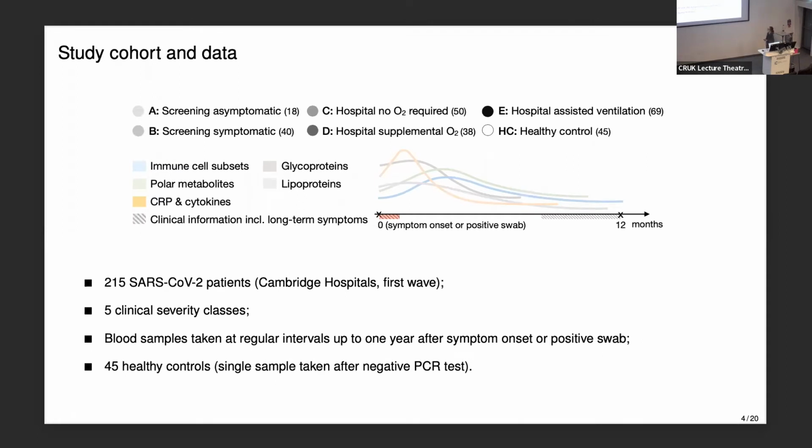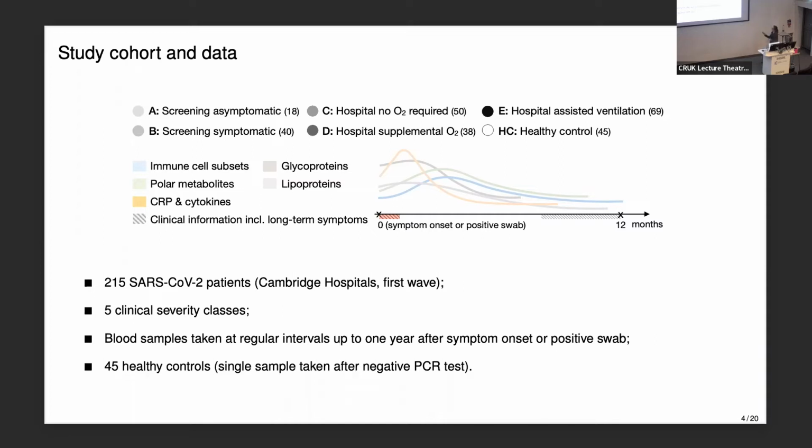We have samples from patients that were recruited across a range of clinical severity classes, depending on their hospitalization status and oxygen needs, from A, asymptomatic, to E, hospitalized and ventilated patients. So this is the worst class. We also have 45 COVID negative healthy controls.